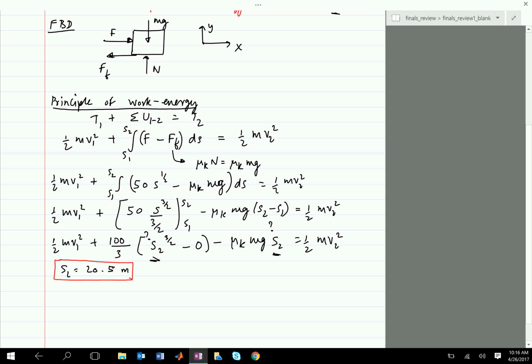Now, as I said, if you don't quite remember how to solve this using the principle of work and energy, then you're free to use the equations of motion, F equals ma, and they will also give you the same answer. So I'm going to try to do this same problem using equations of motion.